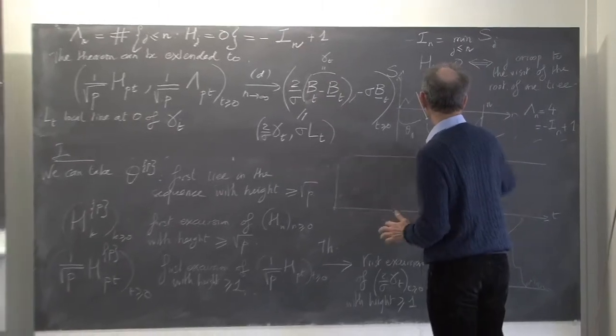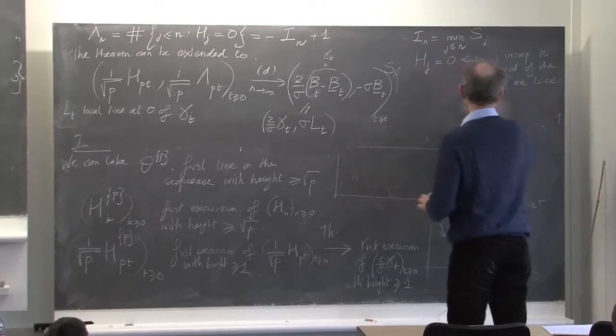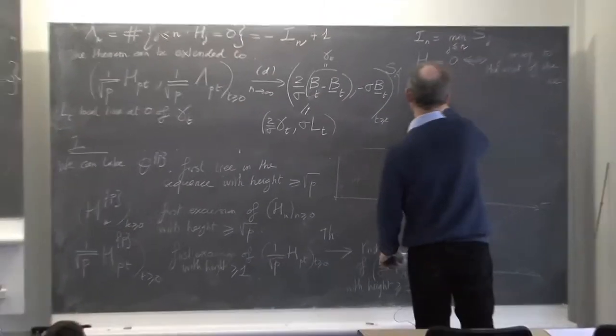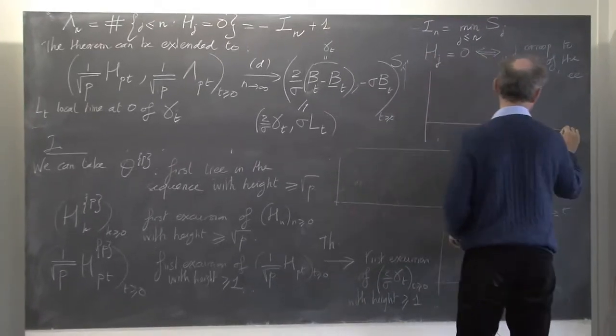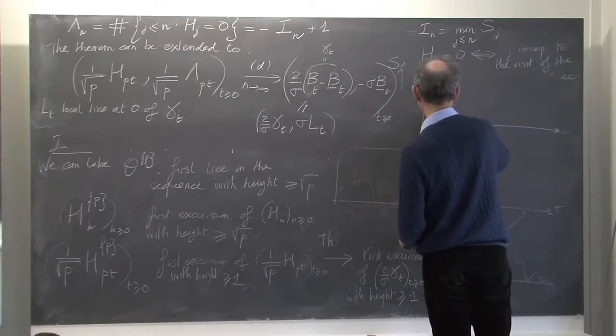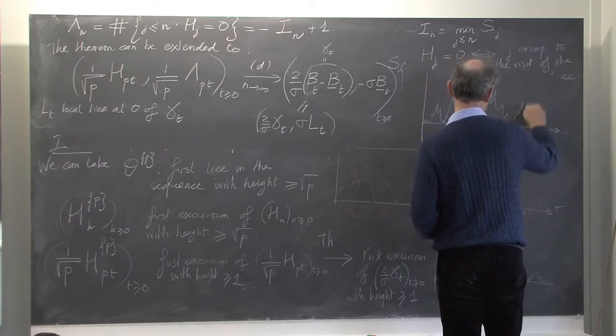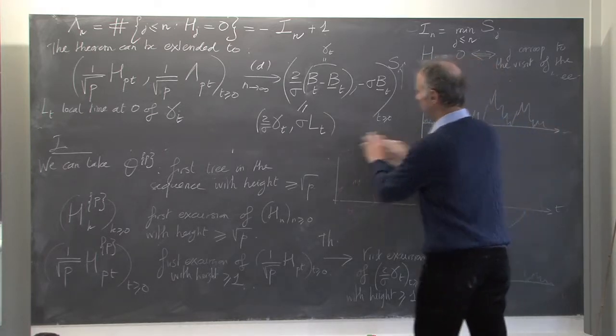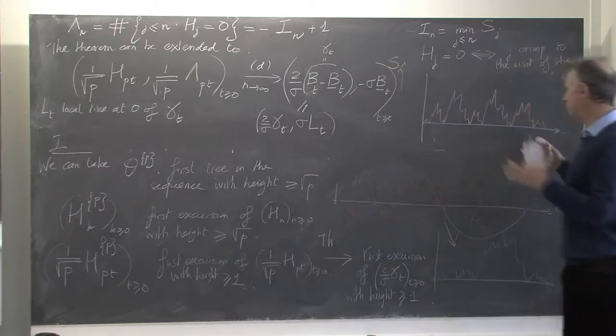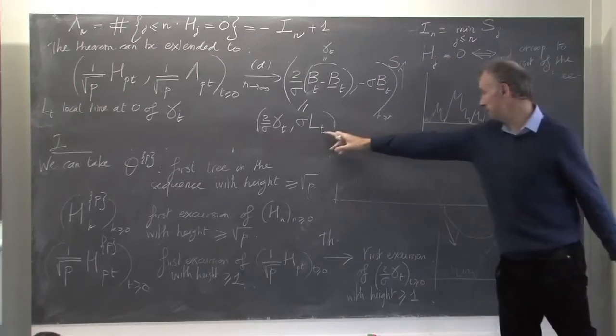The best thing to do is to do a picture again. So this gamma t is a reflected Brownian motion. And this local time is a continuous increasing process. It increases with t.